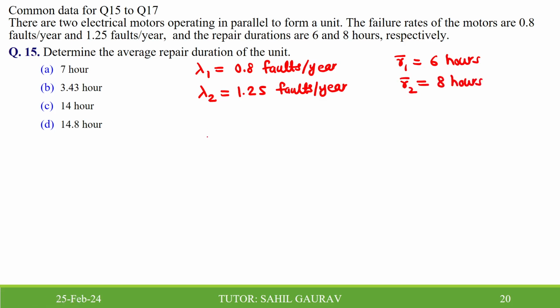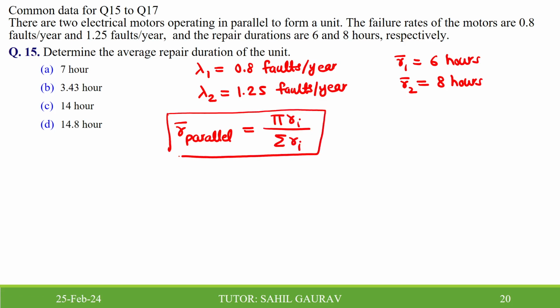And we know that for parallel units, the mean repair time is the multiplication of each mean repair duration upon the summation of each repair duration. Just apply this: R1 bar into R2 bar divided by R1 bar plus R2 bar.